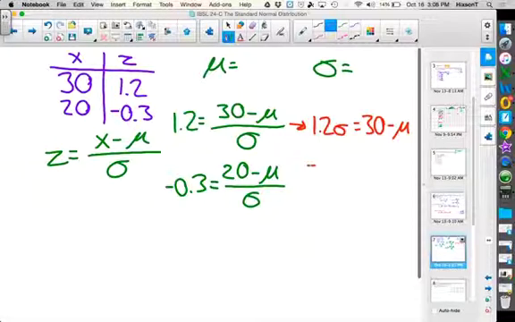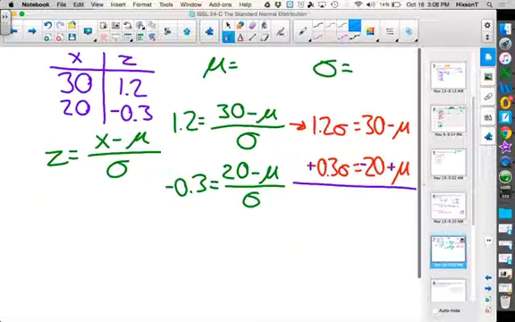And here I'm going to have a minus 0.3 sigma equals 20 minus mu. And what I'm going to do is multiply this second equation by a negative 1. Okay, so that'll be positive, that'll be negative, and that'll be positive. And now notice the mu's will cancel out. So I have 1.5 sigma equals 10.